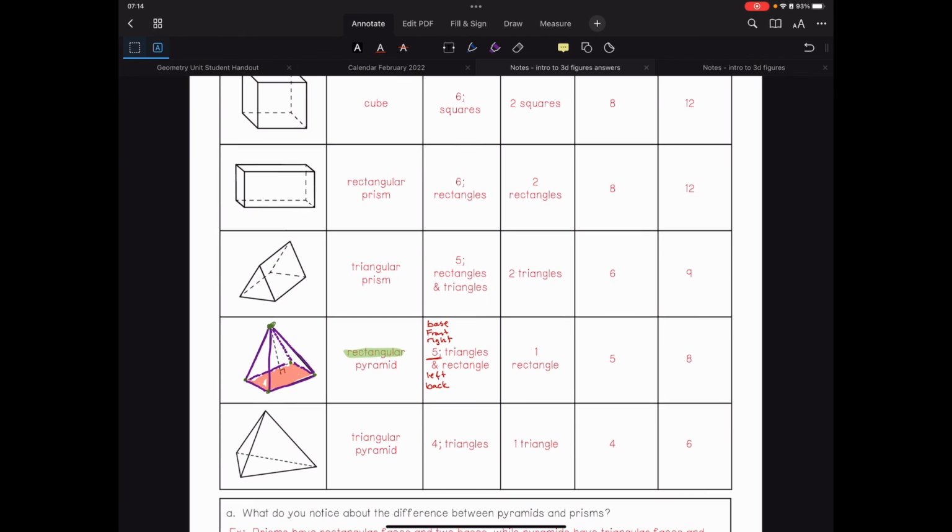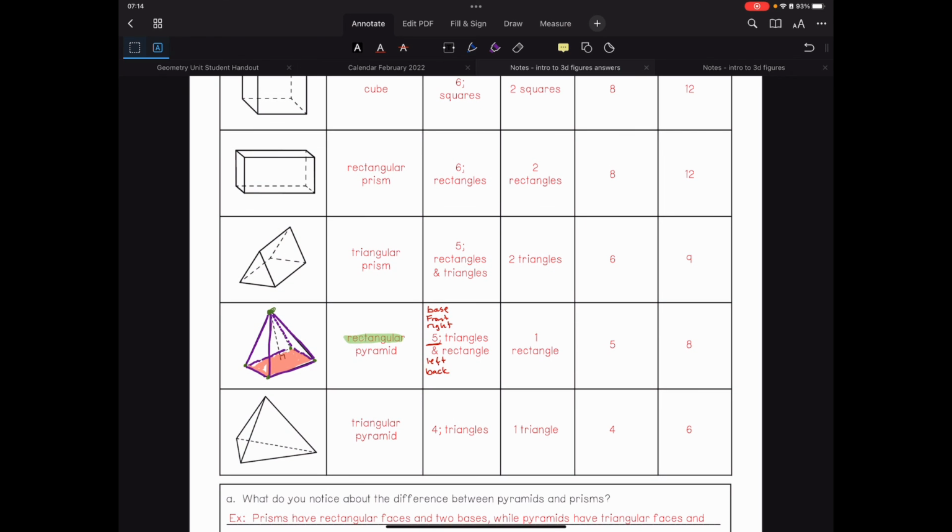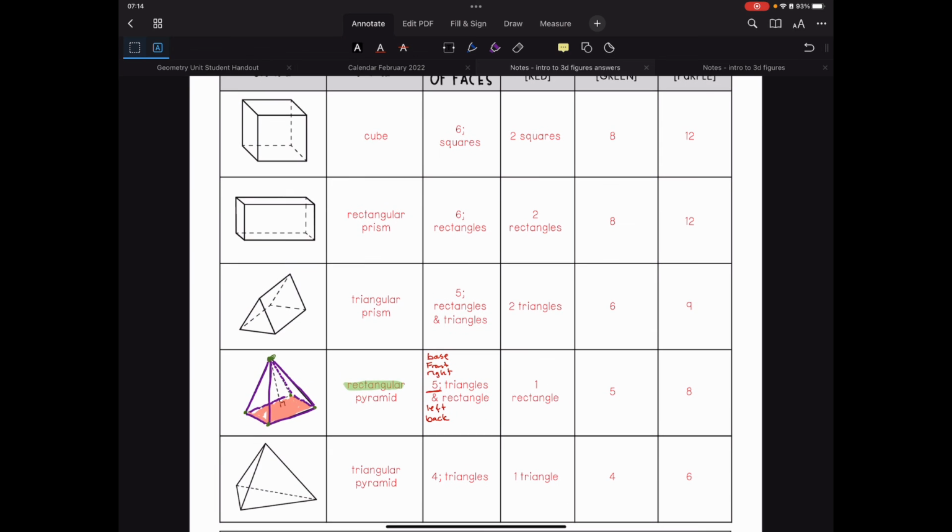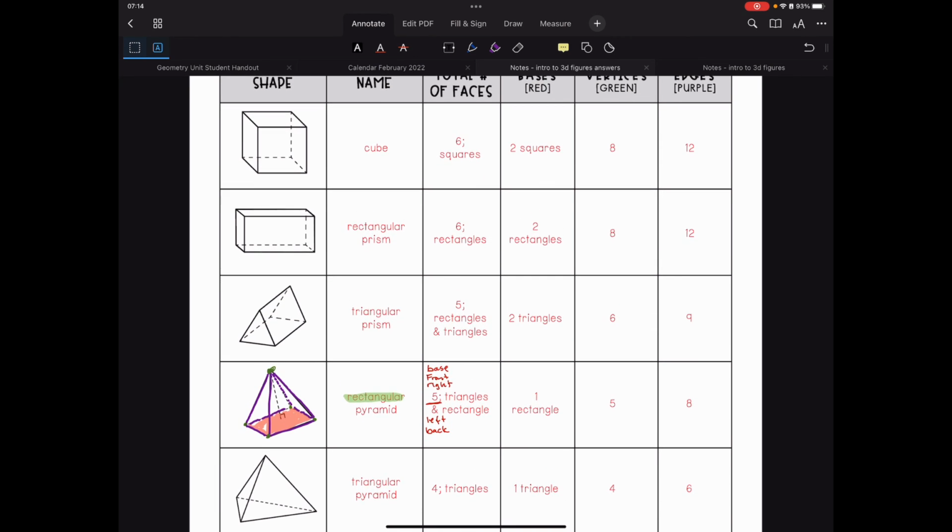We already did the pyramid, the rectangular one. The last one is a triangular pyramid. There are 4 faces and they're triangles. The base of the shape is a triangle. There are 4 vertices and 6 edges.